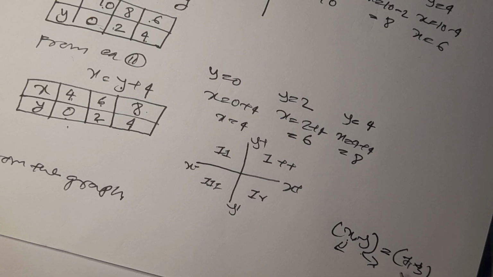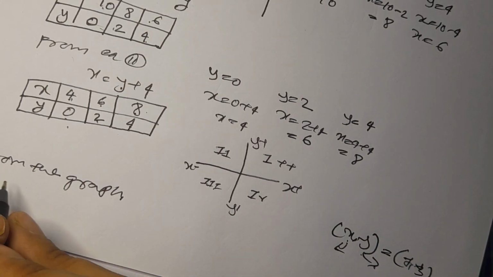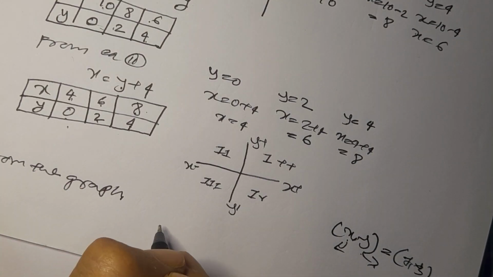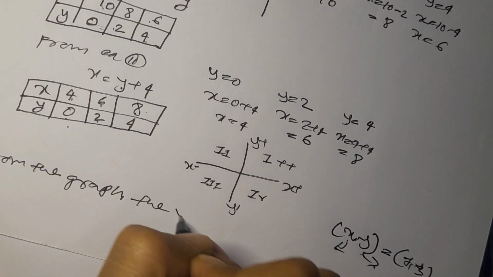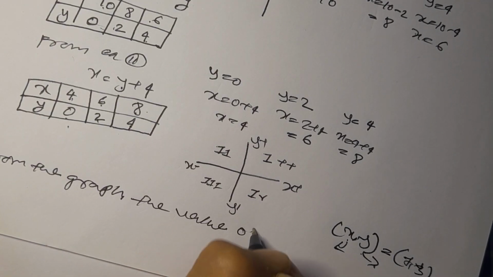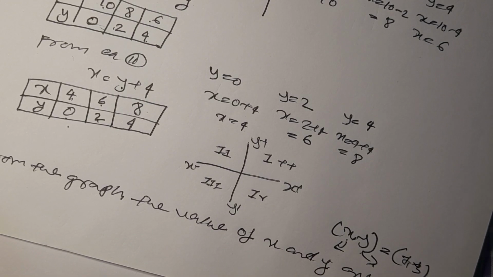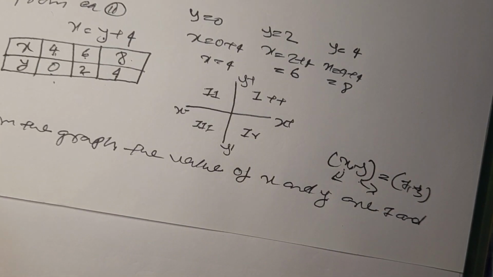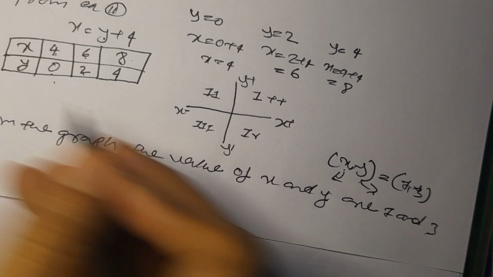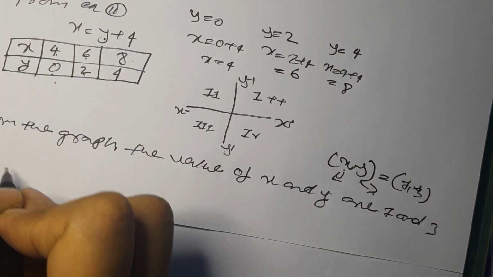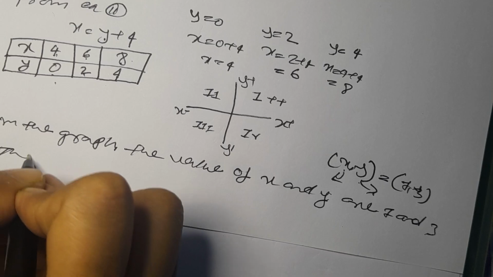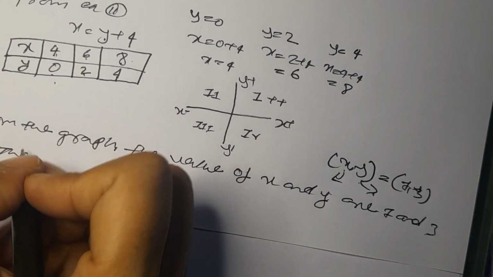X and y are the result from the graph, that is 7 and 3. Therefore, we have considered x as girls.